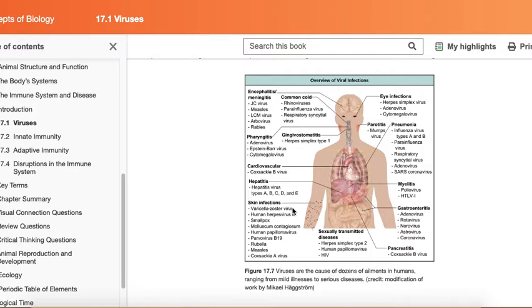Another one is Ebola, which has a 70 to 90% death rate. 70 to 90% of the people who contract Ebola die from it. But if you get a vaccine within 2 weeks, that can greatly increase your chances of living.